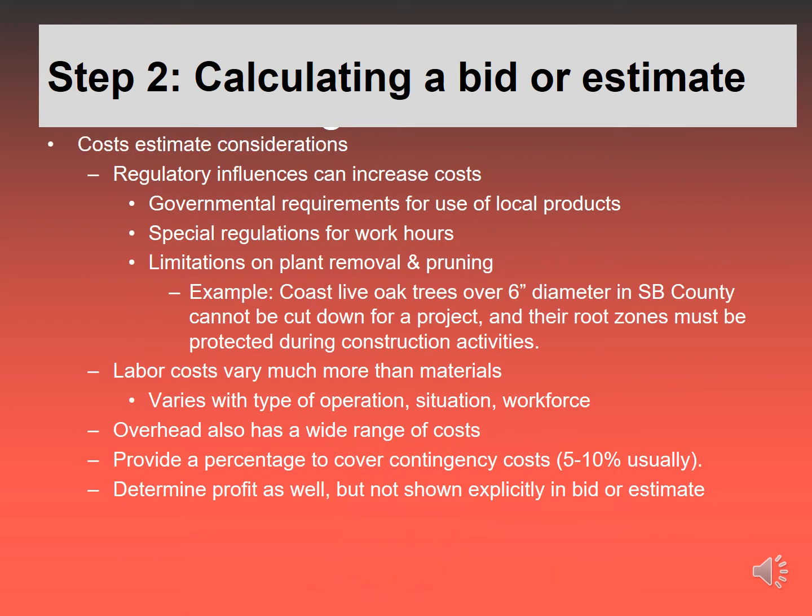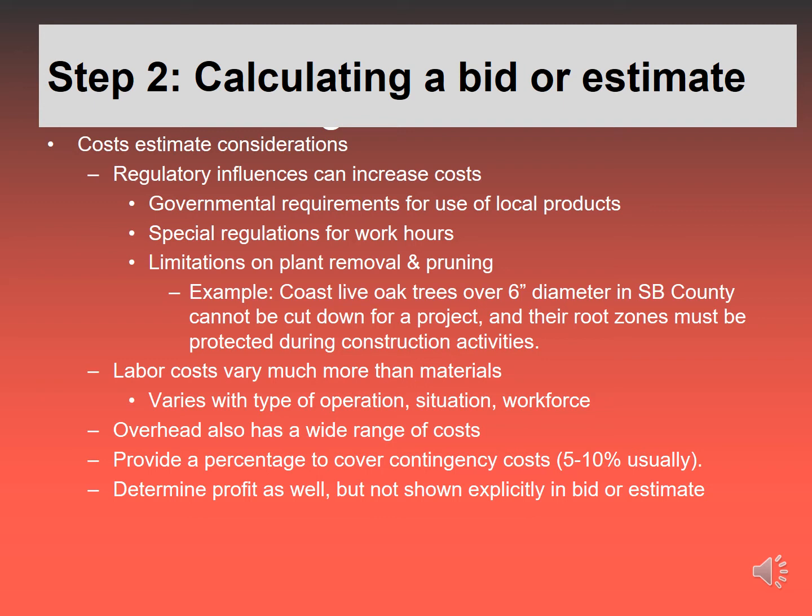And then there are always some other things too that are more like specific regulatory restrictions and influences on your costs, things like county building codes, county ordinances, special regulations for work hours, limitations on what you can do with existing plants or not.